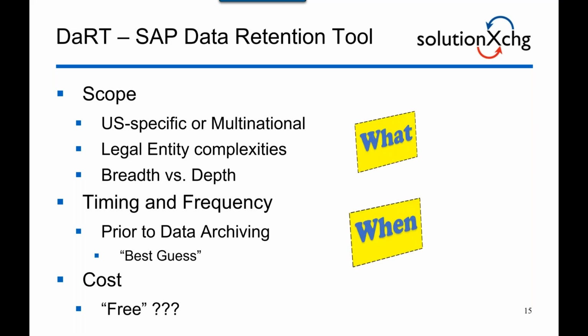The SAP Dart tool, the data retention tool, it's standard in every system since 4.6c, which most everyone should be running by now. Its predefined scope is primarily US-centric. It can be used for Canada with some modification, for example, for Mexico, for other standardized countries.